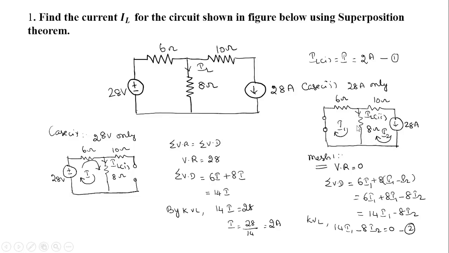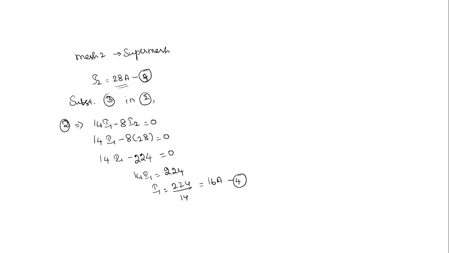But if you see the direction of IL suffix 2, this direction is the same as that of I1. This I1 is flowing in the clockwise direction, so it will flow downwards and I2 will be in the opposite direction. So IL suffix 2 can be written as I1 minus I2.